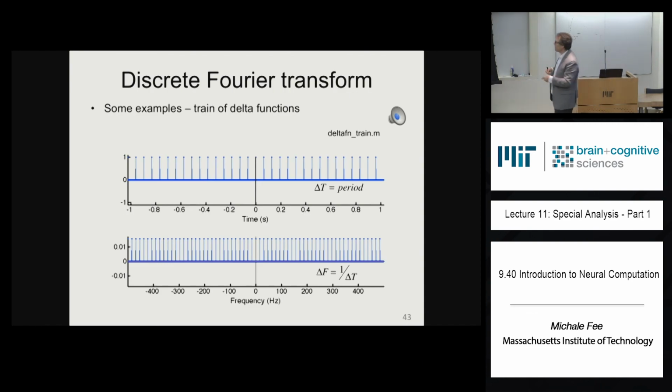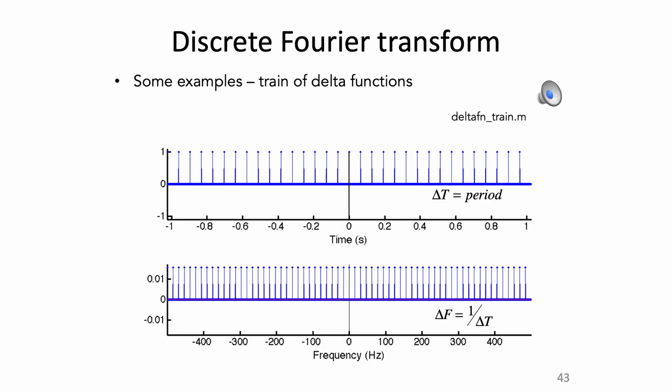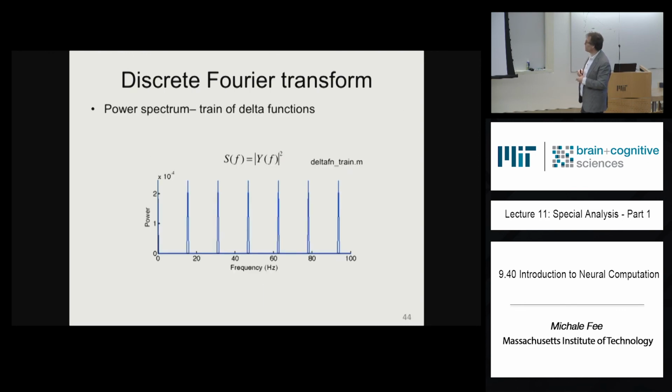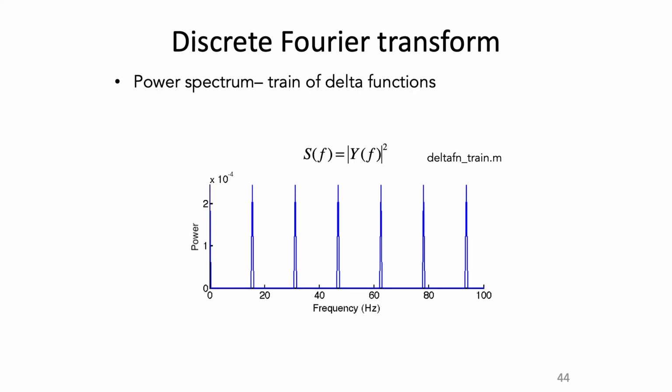And there's a very simple relation between the period in the time domain and the period in the frequency domain. What does the power spectrum of this train of delta functions look like? It's just the square magnitude of this, right? So it just looks like a bunch of peaks.